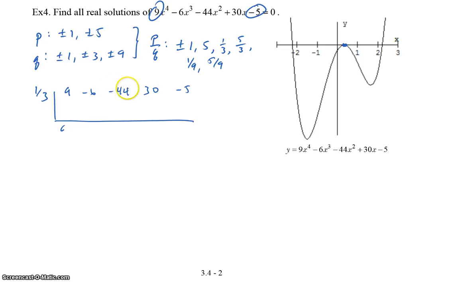All right, bring down 9, multiply, add, multiply, add, multiply, add, multiply, and success. We get 0.